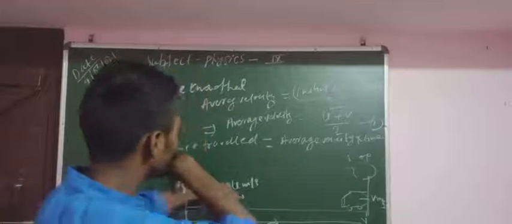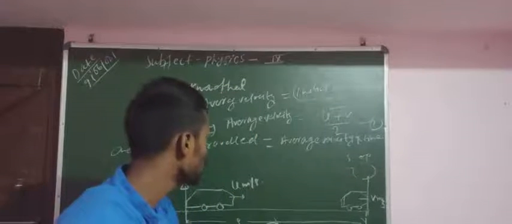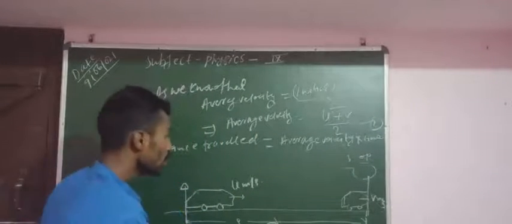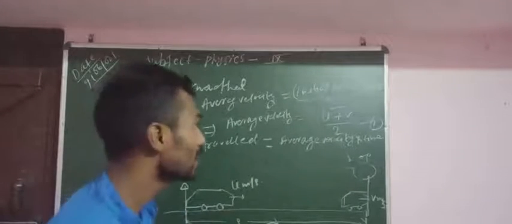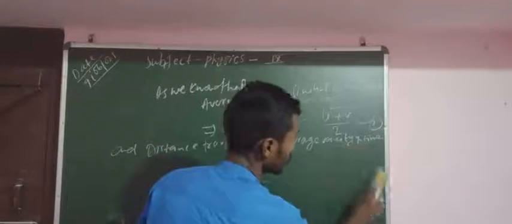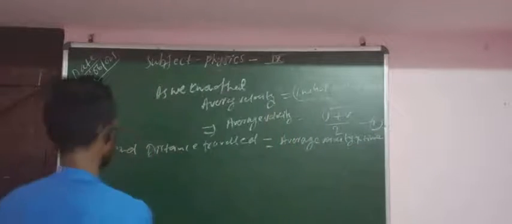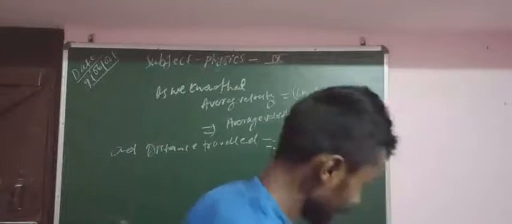That means (u plus v) by 2 into t will be equal to the distance traveled, that means s.